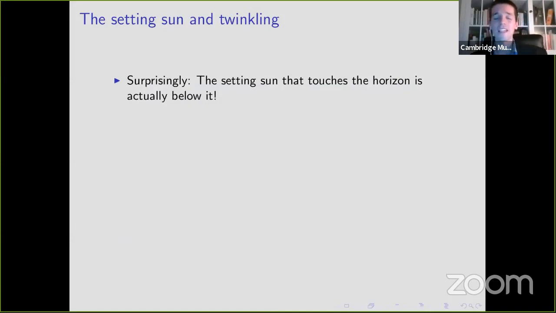Another surprising fact that I only learned last year, the setting sun is also an example. The setting sun that touches the horizon is actually below it. So once we see the setting sun touch the horizon, it is below it.